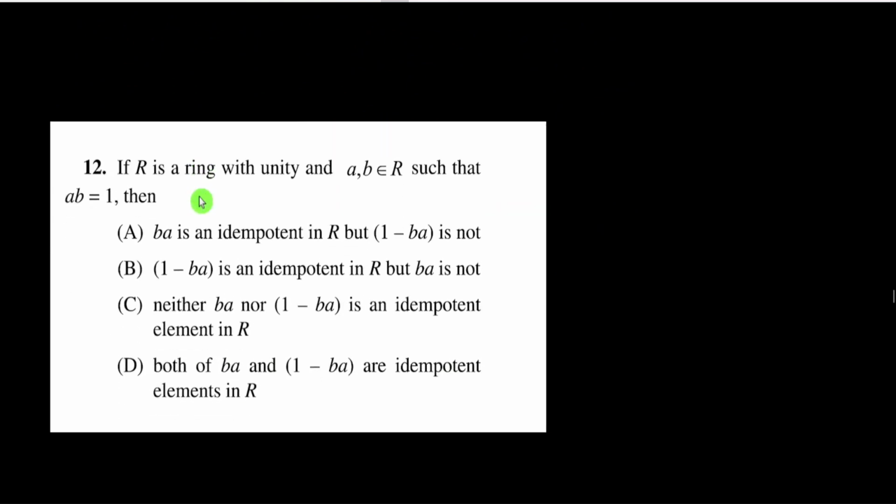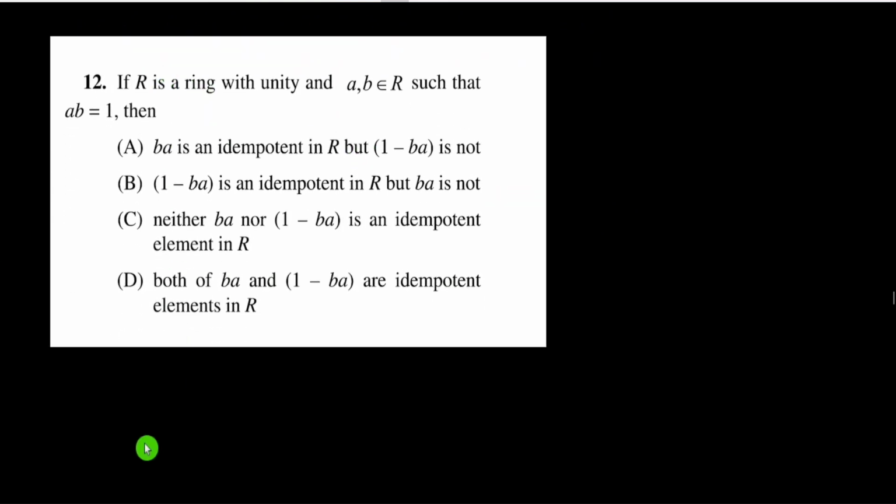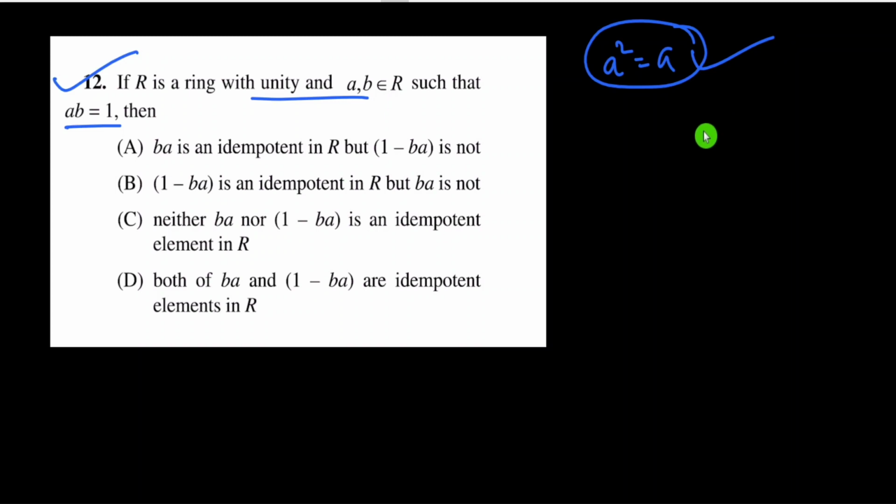Next, question number 12 says that if R is a ring with unity, and a, b belong to R such that ab equals 1, then is ba idempotent, and is 1 minus ba idempotent? The definition of an idempotent element is that a square equals a. If any element satisfies this condition, then the element is idempotent.